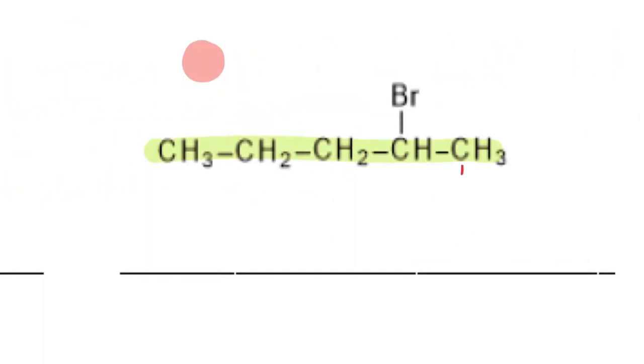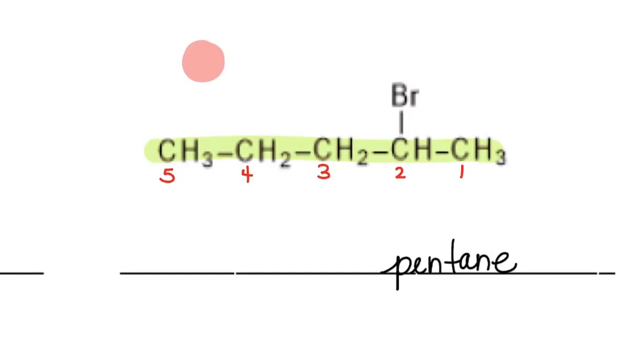So I'm going to go 1, 2, 3, 4, 5. So the name of my parent chain, basically the longest continuous chain, since I have 5 carbons, yes, thank you, 5 is pentane.